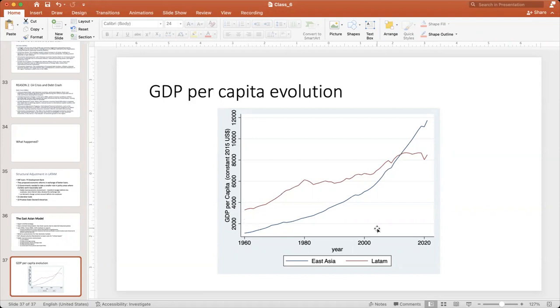And in 60 years, East Asia's GDP per capita is very much higher. It's almost double the GDP per capita of any single person in Latin America, but it goes more than that. They have reached high levels of investment in human capital and development.